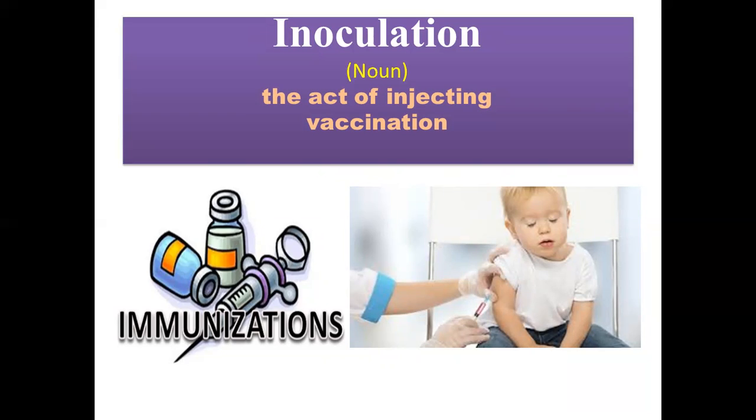But when we talk about inoculation, it actually means vaccination. Immunization can also consist of using drops or other ways of building your immune system. But here we mainly talk about vaccination, injecting, and all.